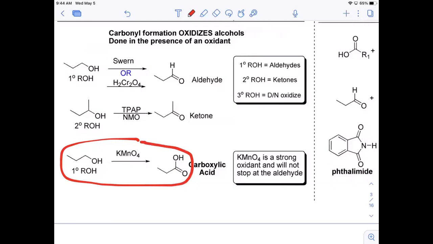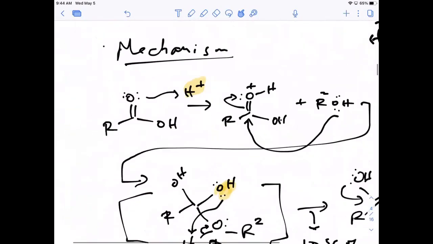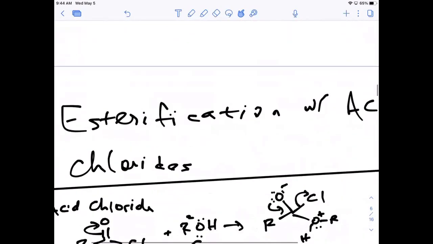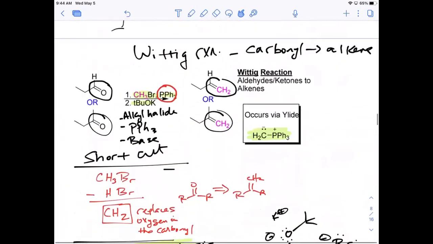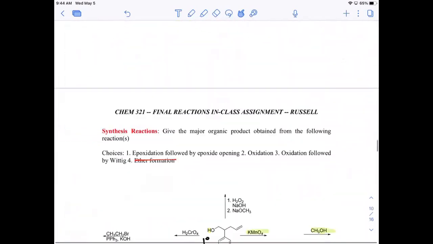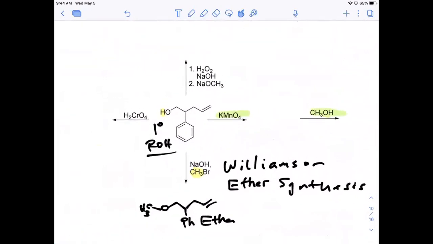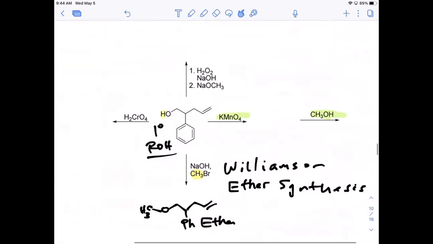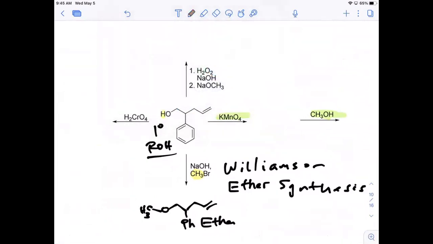So potassium permanganate converts alcohols into carboxylic acids. All right, so let's see what we get from that. That first product is going to look like, I'm going to abbreviate this benzene ring as a phenyl.